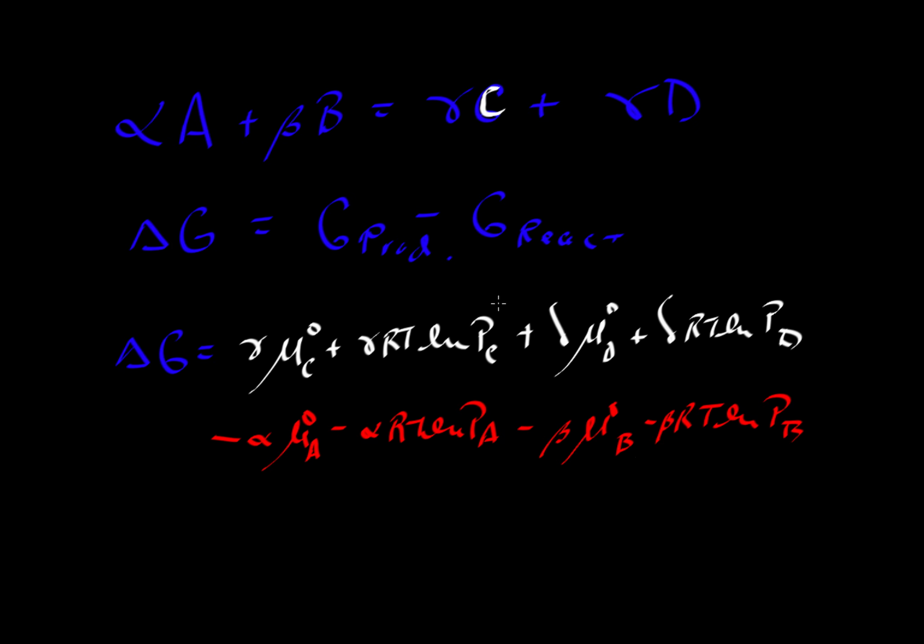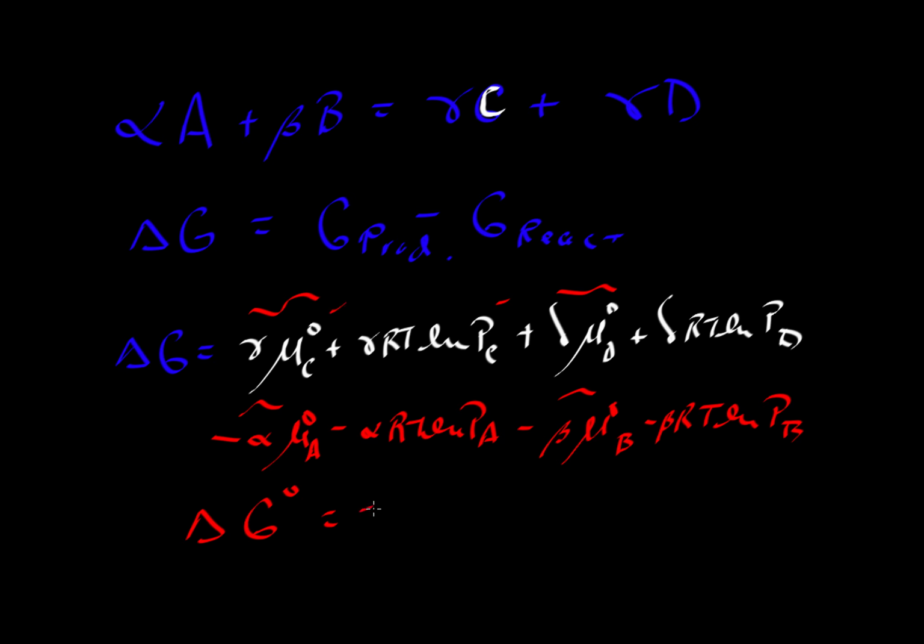We're letting everything be ideal in this case. If these are not ideal gases, you could substitute fugacities for all of those. So what we're going to do is collect all these ideal terms and put them into one thing. We can then write that delta G for the case of pure substances in a standard state would be equal to just those things with mu naught.